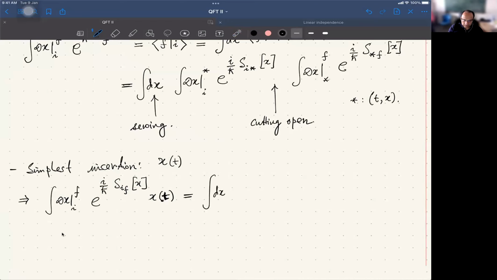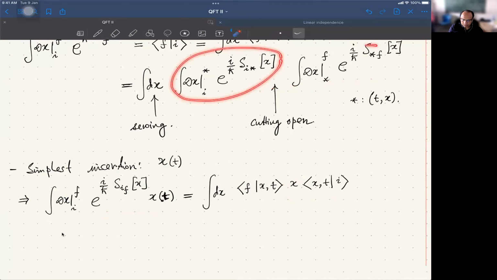So that would be ∫dx ⟨f|x,t⟩ x ⟨x,t|i⟩. Here x is a c-number, because we have written the same thing, except that we have cut open the path integral in this form, and then each factor we have written back in terms of the matrix elements. So x is sitting here, and now this x can pass through this state.